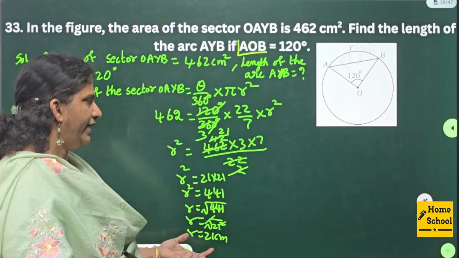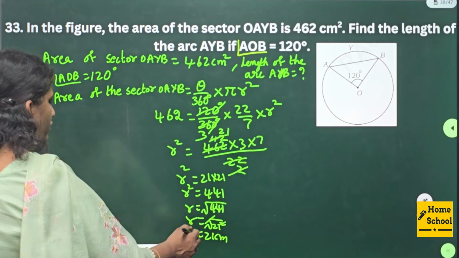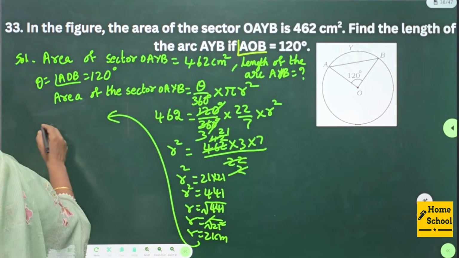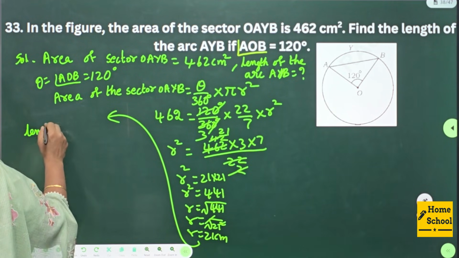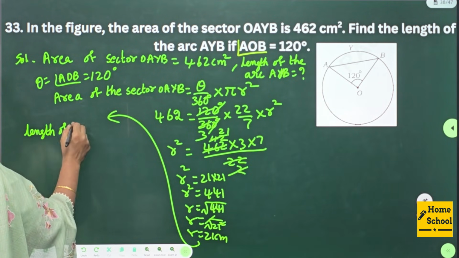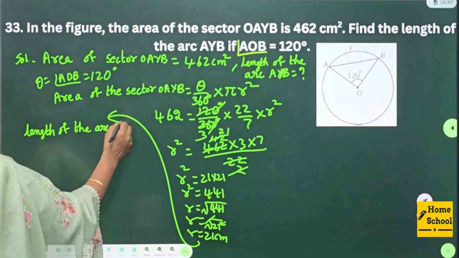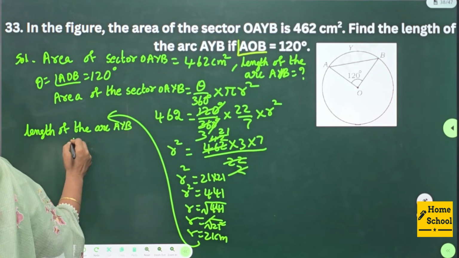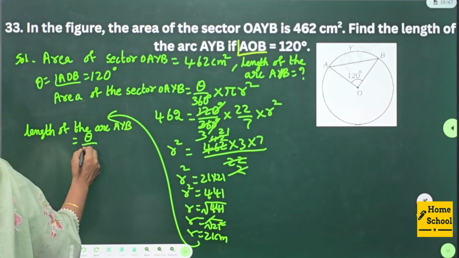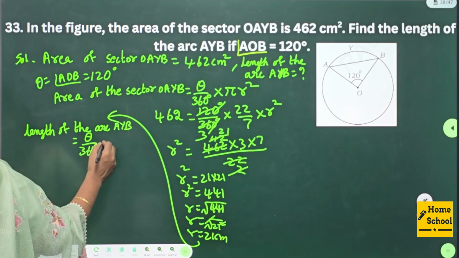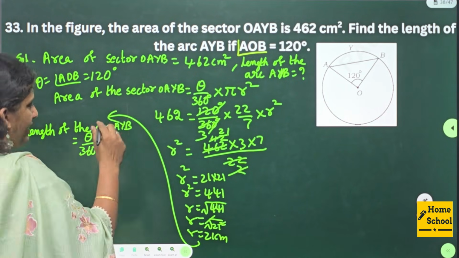Now we got the radius. If you know radius, you can find length of the arc. What is length of the arc formula? Length of the arc AYB is equal to theta by 360 degree, arc length formula is 2 pi r.